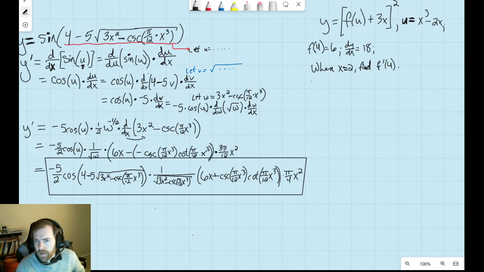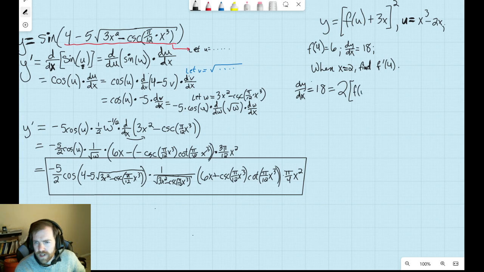Alright, so here. Okay, dy dx is going to be equal to 18 from our given. Dy dx as a whole up here is going to be equal to, here we've got a power rule, so our 2 is going to come down.